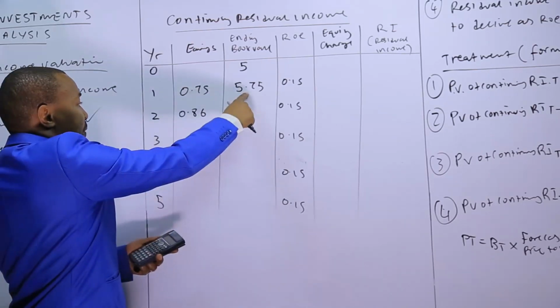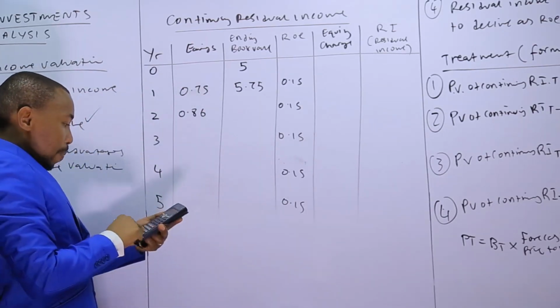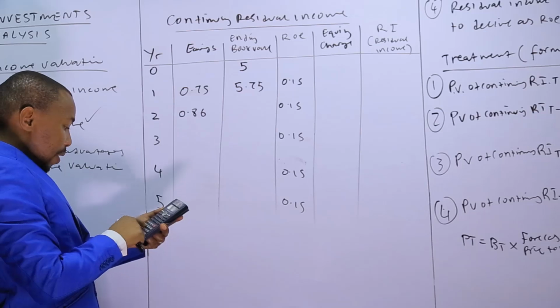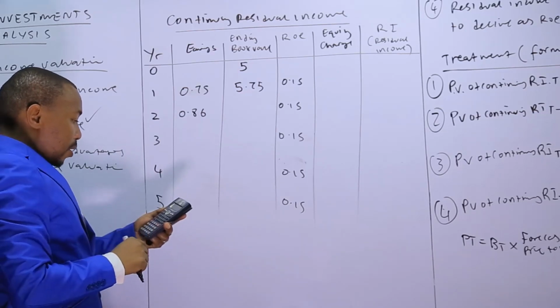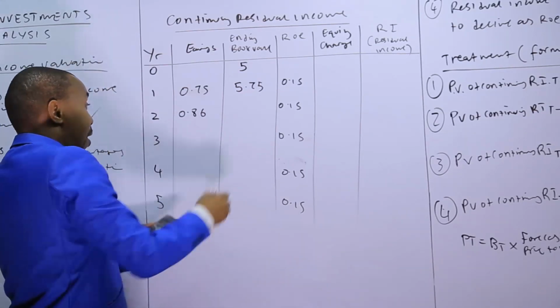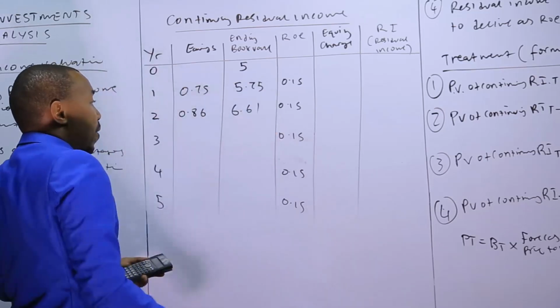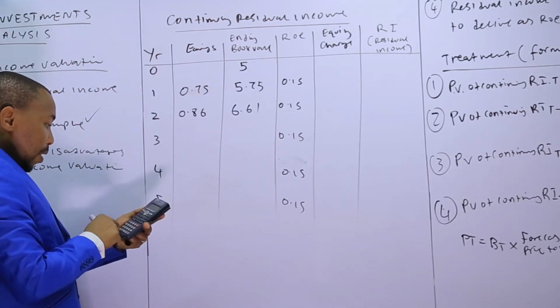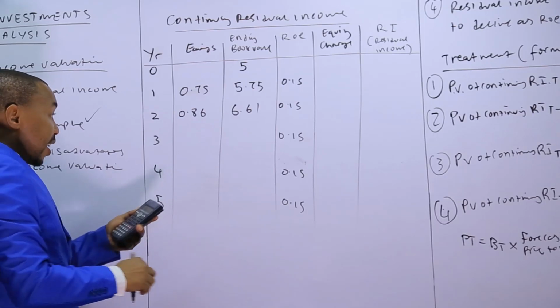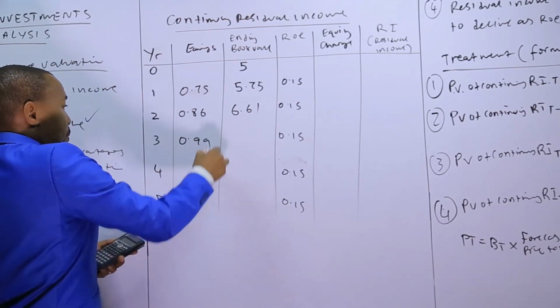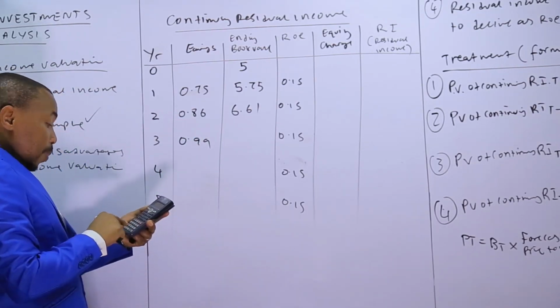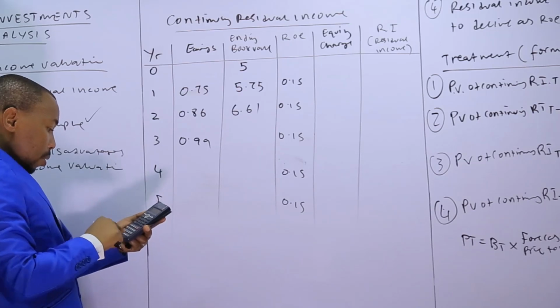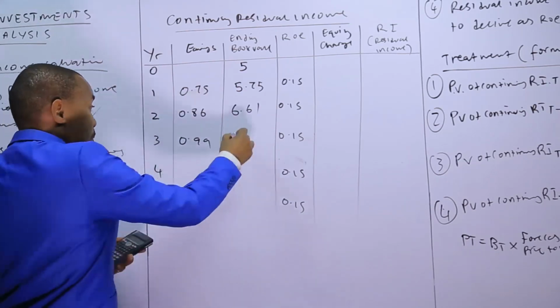Now 5.75 plus 0.86 is 6.61. This times 0.15 is 0.99, plus 6.61 is 7.60.